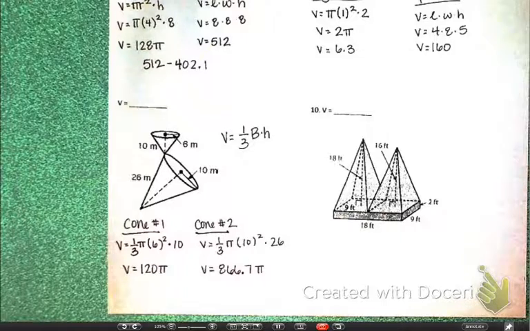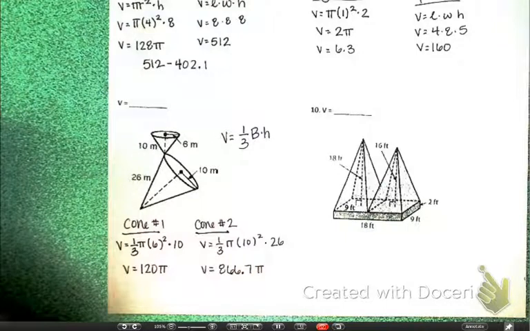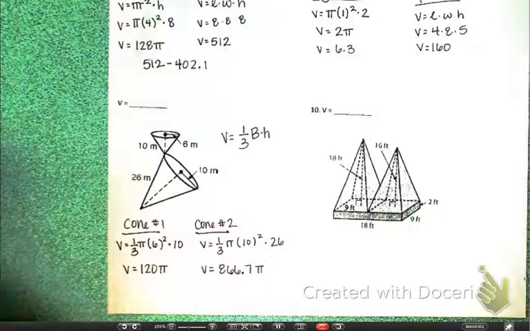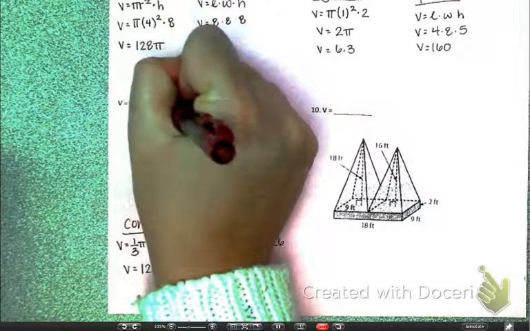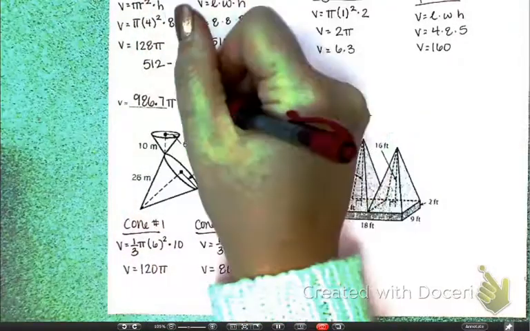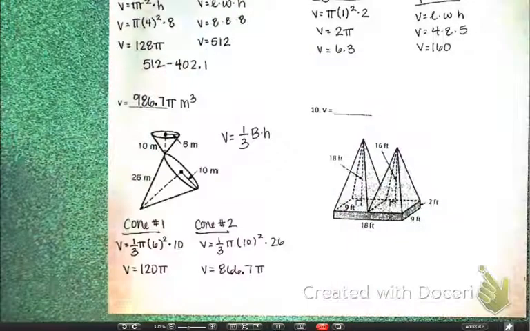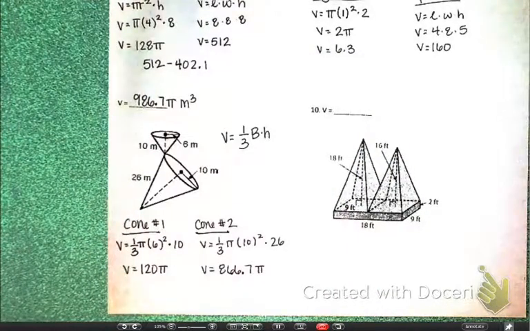I don't need to because they both have pi in the answer. So what I can do is just 120 plus that 866.7, and my answer would be 986.7 pi meters cubed. Okay, so if you don't need to multiply by pi, don't.